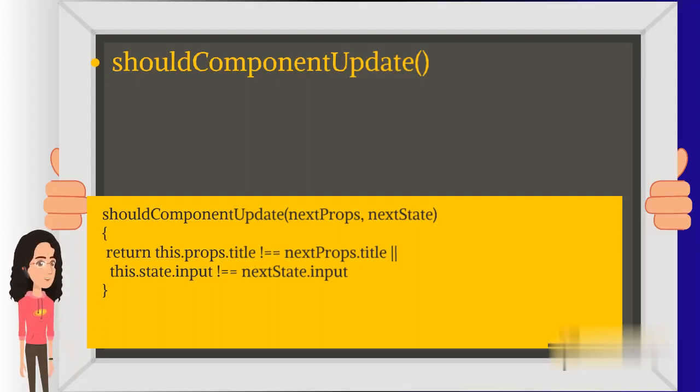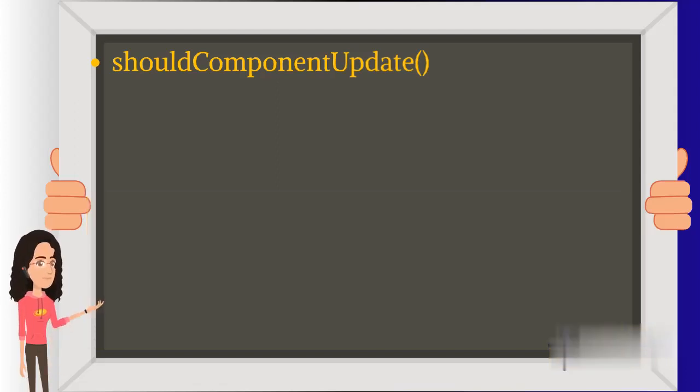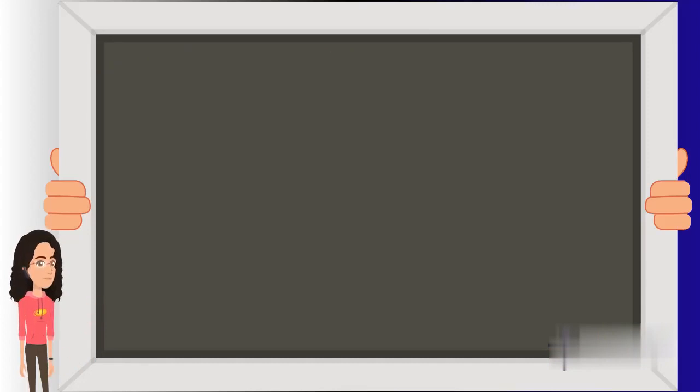As shown in the example on screen, this lifecycle should always return a boolean value to the question: should I re-render my component? The answer should be a boolean value, meaning true or false.